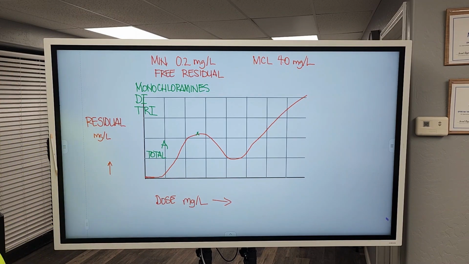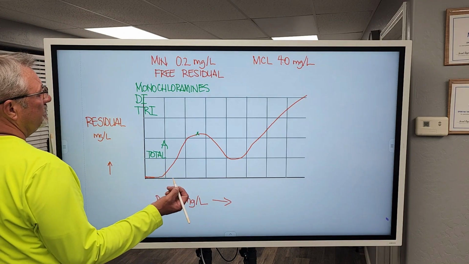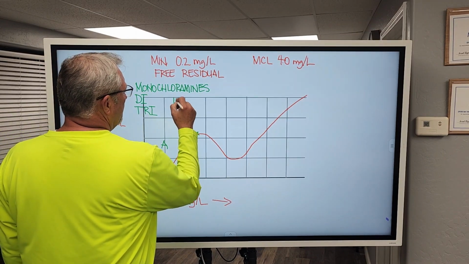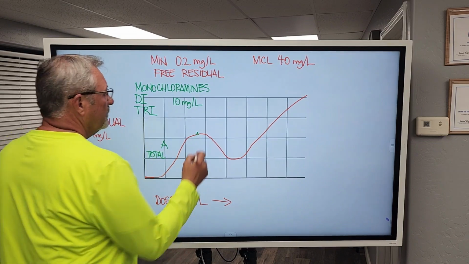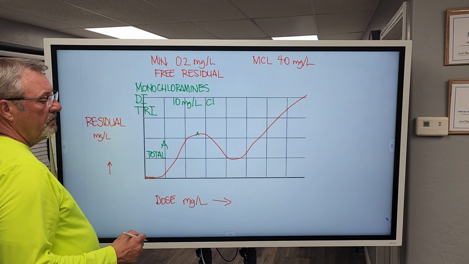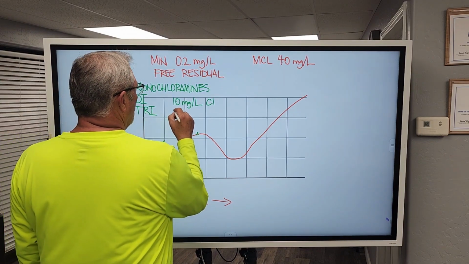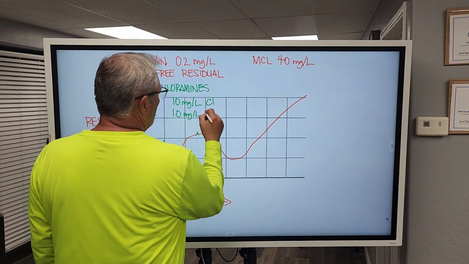It takes 10 parts chlorine. So let's say this, it takes 10 milligrams per liter of chlorine to oxidize or destroy 1 milligram per liter of ammonia.